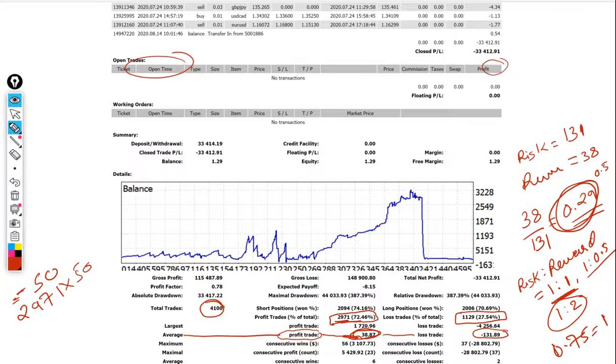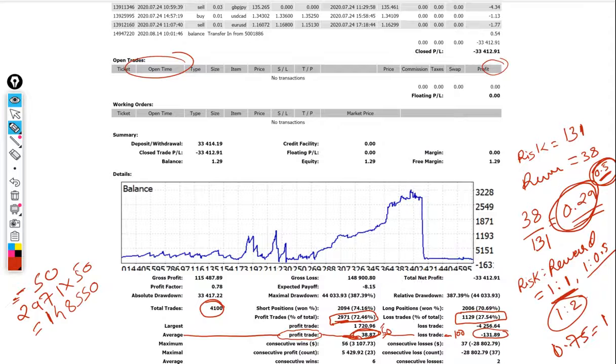Then if you multiply that by his total profit trades, you get a figure of around $148k, around 0.15 million profit. And the loss we have taken as $100, which means we have followed the risk reward of 0.5, where profit is 50 and loss is 100.